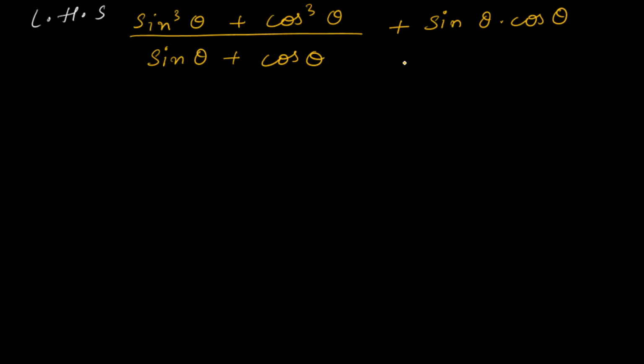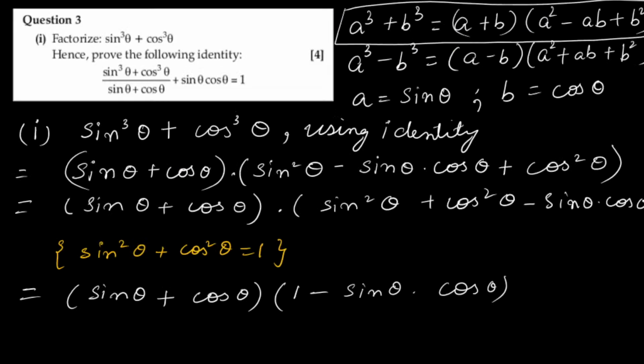So only the left hand side I am writing, once again. So sine cube theta plus cos cube theta by sine theta plus cos theta, plus sine theta into cos theta. This we have to solve and the answer should be equal to 1. Using the first equation we can solve it, because we have found the value of sine cube theta plus cos cube theta.